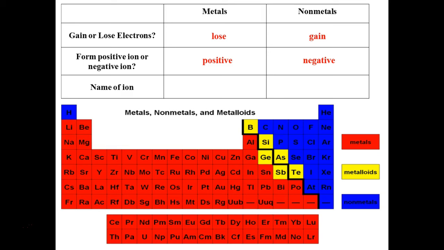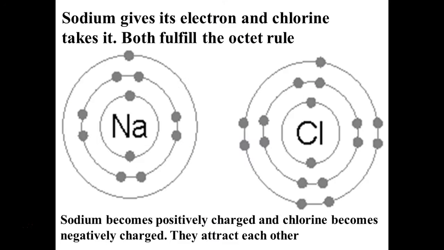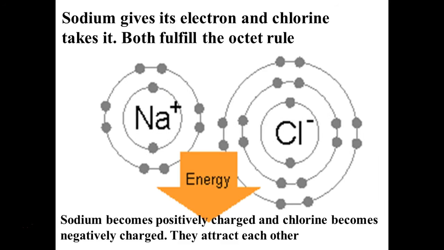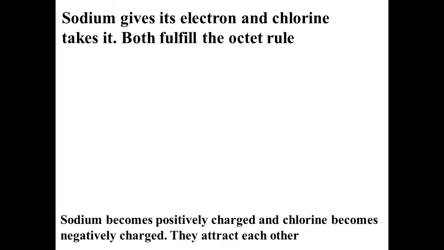Okay, lastly, when the metals lose those electrons, what is the name of that ion that it becomes? A positive cation. And then when the nonmetals gain the electrons, what is the name of what they become? An anion.